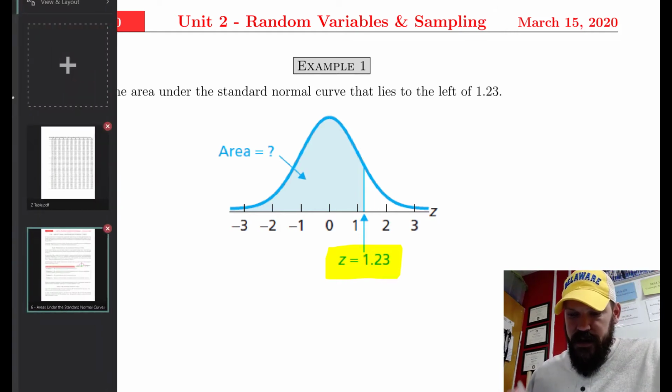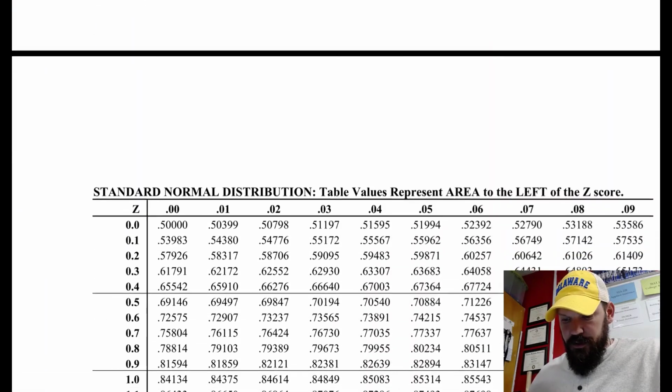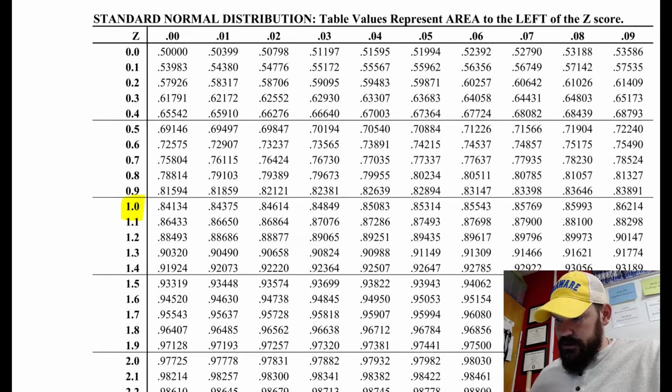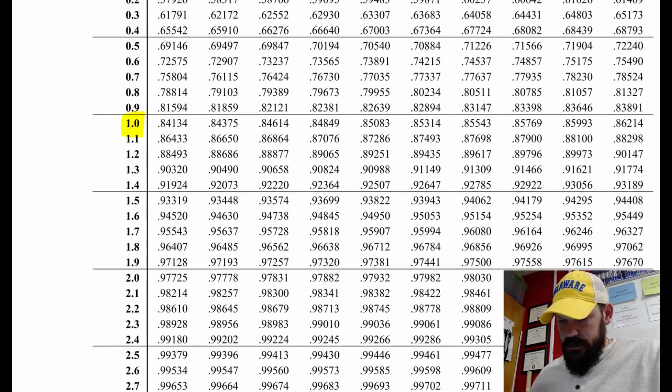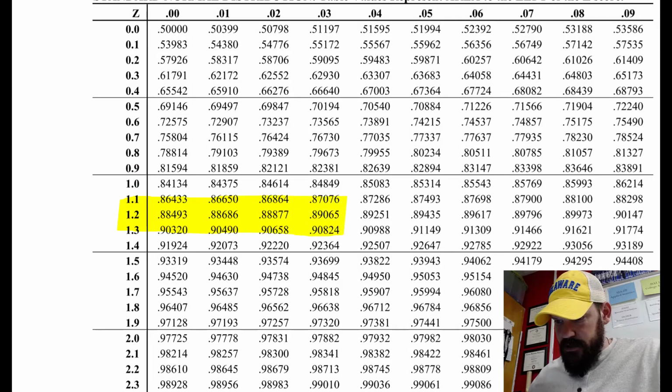So if you go to the table and we're looking at a positive 1.23, so we have positive 1 here on the z value, and then we go to 1.2, and then we go over until we get to 0.03.